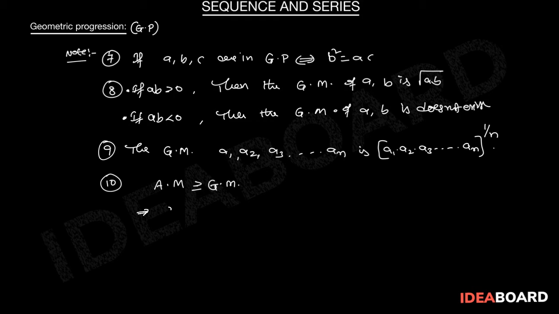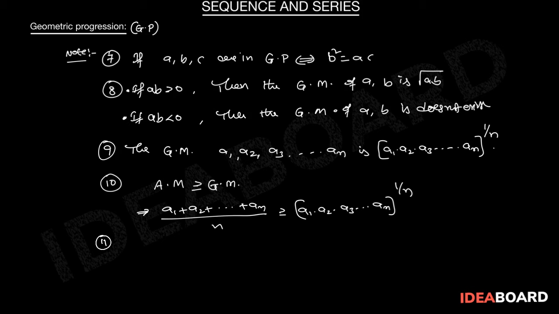That implies (a1 plus a2 plus and so on plus an) divided by n is greater than or equal to (a1 into a2 into a3 and so on an) whole to the power of 1 by n. Arithmetic mean is greater than or equal to geometric mean. If a1 equal to a2 equal to and so on an, in this case arithmetic mean equal to geometric mean.